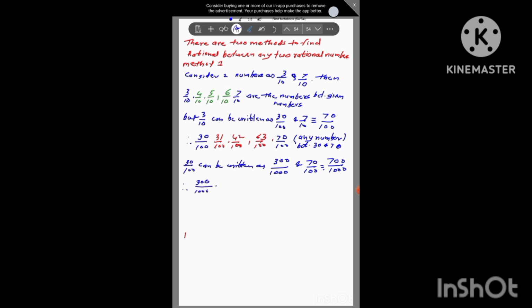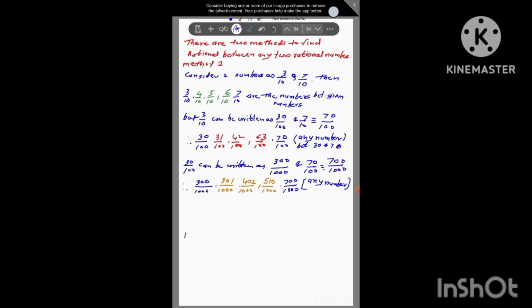This is the first number, then any number 301, 302, any numbers. You can write as many numbers as you want. This is a very simple method. You have to only multiply numerator and denominator of both the terms by 10 and increase the interval or the limit you have to answer.